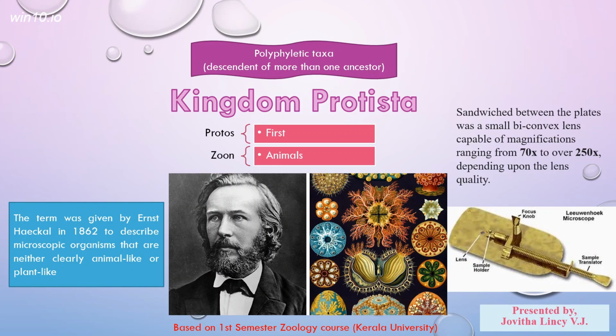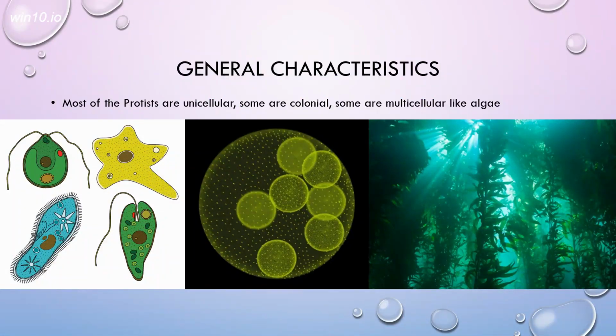So coming to the characteristics, most of the Protista are unicellular, though multicellular ones also exist, and some are colonial. Most importantly, they are eukaryotic. Eukaryotic in the sense that they have a true nucleus and other membrane-bound organelles.